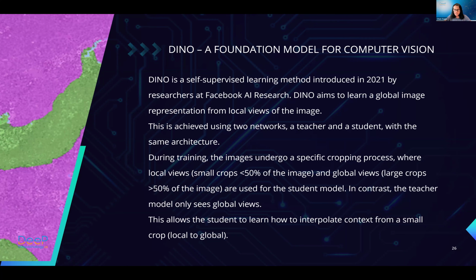And the idea is that the images go through cropping of smaller parts and larger parts, and we try to find the relations between the parts. And again, the aim here is not to find the relations between parts of the image at different scales, but to capture the data and the representation of the image.